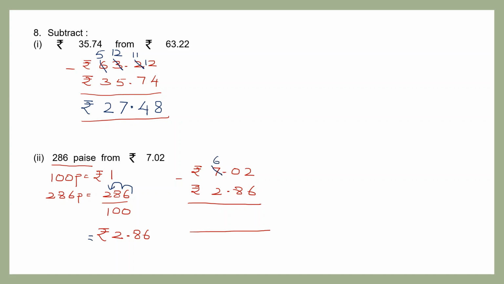So that becomes 6. This becomes 10 and 9, 12. 12 minus 6 is 6. 9 minus 8 is 1. Decimal point. 6 minus 2 is 4 rupees. So my answer is 4 rupees and 16 paise.